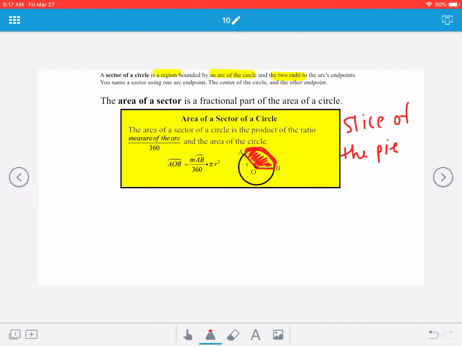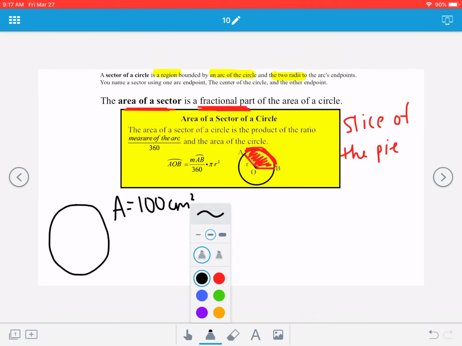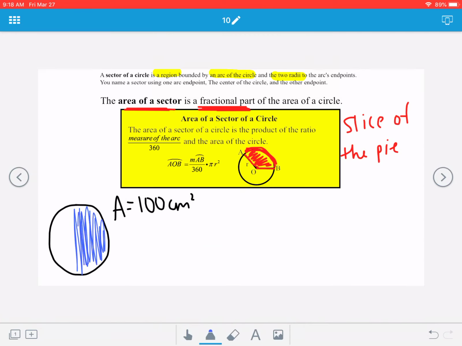To find the area of this, the area of a sector is just a fractional part of the entire circle. Here's a circle. Let's say that the area of this is 100 centimeters squared. If I shade in a fraction of this circle, here, by looks, we would say that that's about half of the circle.